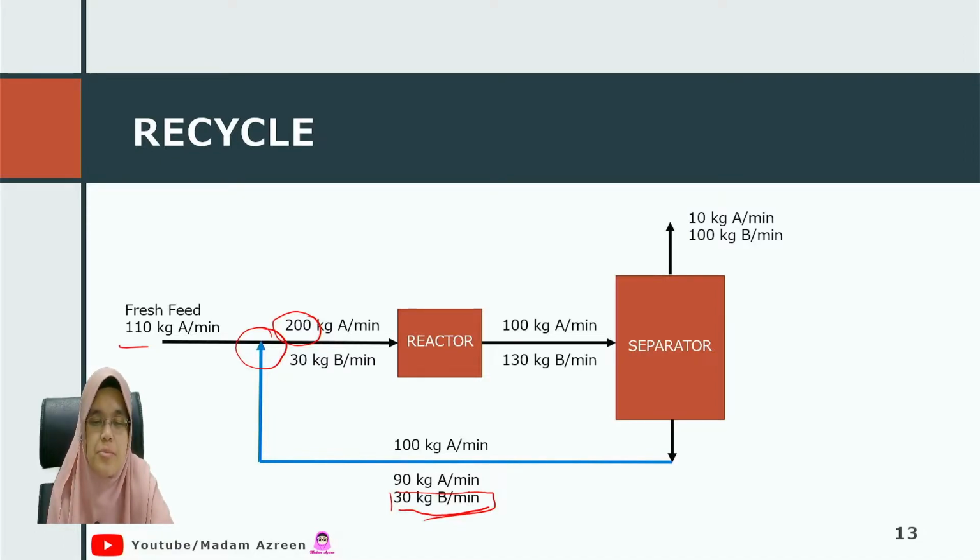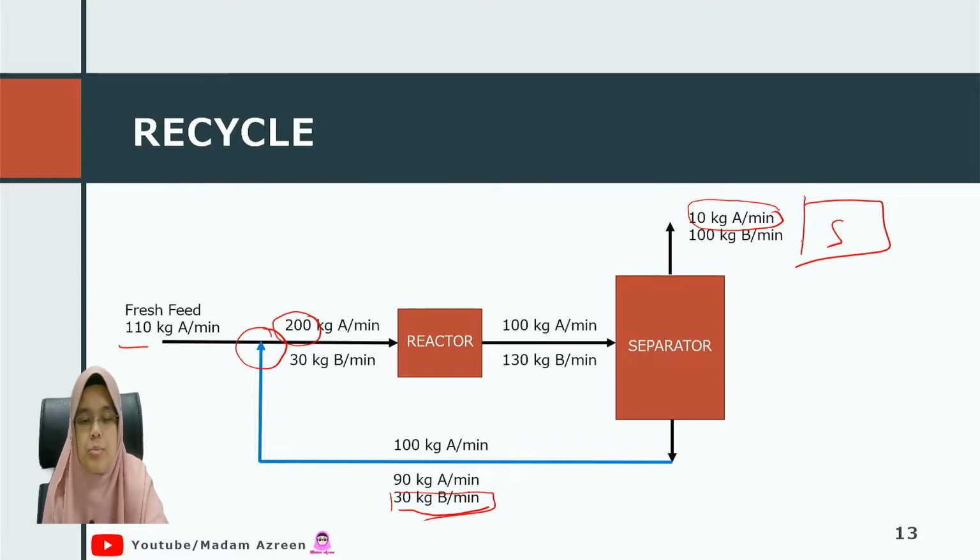It doesn't separate A from B 100%. Also, a quite small amount of A still remains in the product. And later on, you will do another separation unit to really separate A and B.